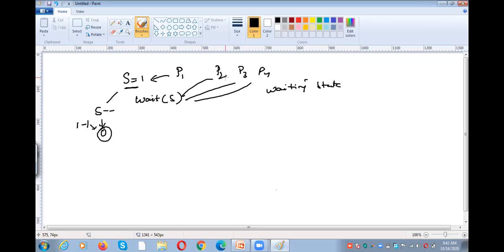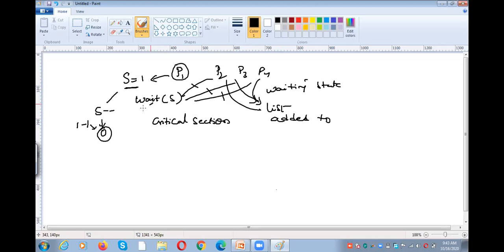That means all these processes are added to the list. P2 is added to the list because it is unable to perform the wait operation. P3 is also added to the list, because it is also not able to perform the wait operation. P4 is also not able to perform the wait operation. So all these waiting processes are added to the list.